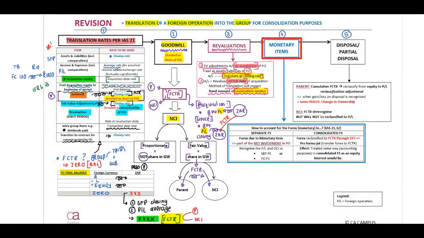Now I want you to focus only on the monetary items section on our revision page, and I'm going to make use of this light blue color when I explain and add additional comments. Now, when we look at monetary items, how do we account for the foreign currency forex of a monetary item in our separate financials versus our consolidated financial statements?